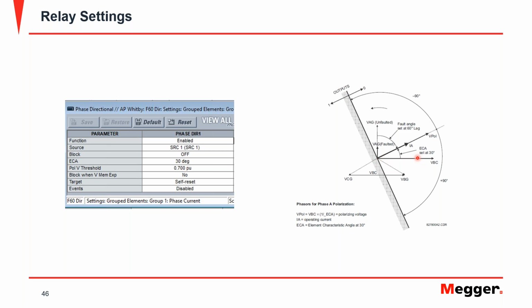And then you see this ECA, and this ECA is what sets the VBC as your polarizing voltage, because it converts the VBC to the faulted angle, which is what they set here at 60 degrees lagging.